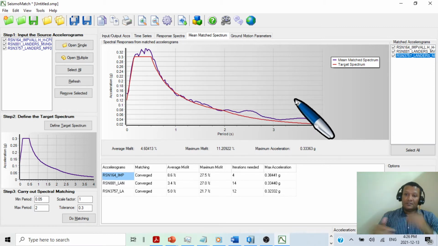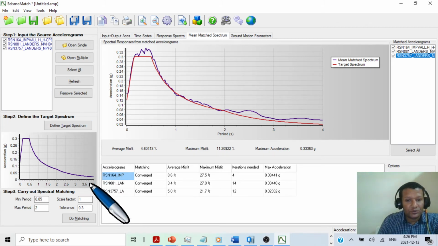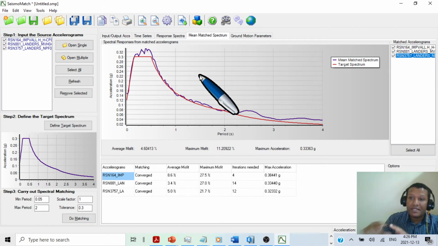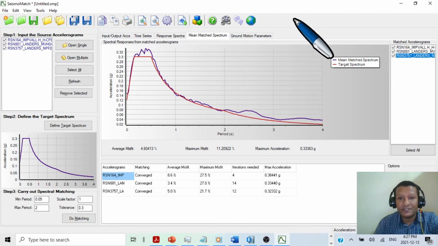So if your SeismoMatch is not a student version, you can bring all your ground motion data here. Then once you are okay with the mean, you can save the mean spectrum, the mean response spectrum, and you can apply it in ETABS directly, because as per the code, we have seen that if we use 3, then we have to use the maximum.